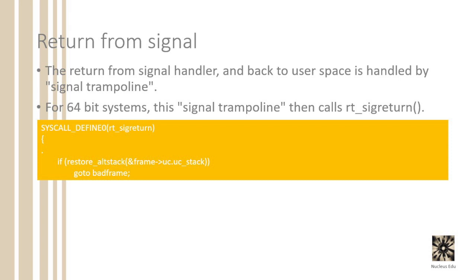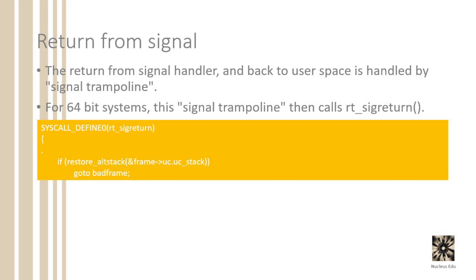The relevant piece of code here is restore_altstack. The part about the signal trampoline is a little unclear here. On contemporary Linux systems, depending on the architecture, the signal trampoline code lives either in the VDSO or in the C library. In the latter case, the C library's sigaction wrapper function informs the kernel of the location of the trampoline code by placing its address in the sa_restorer field of the sigaction structure.